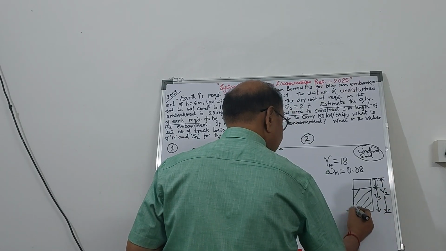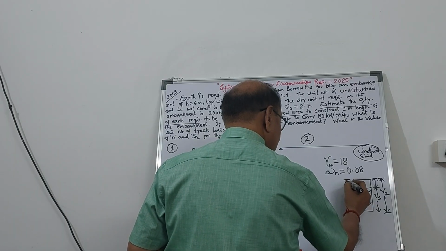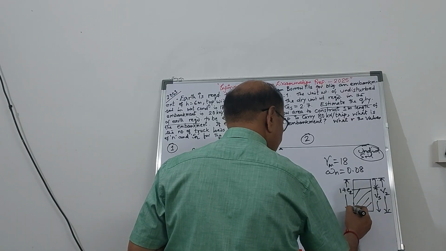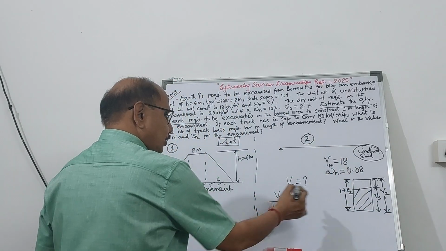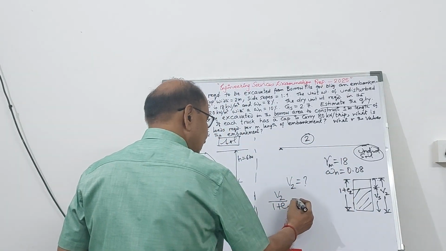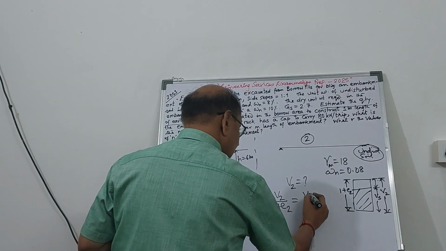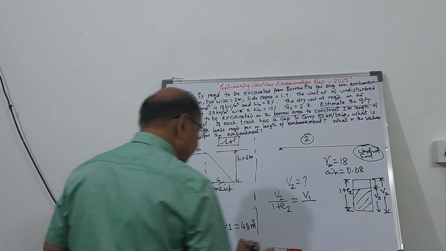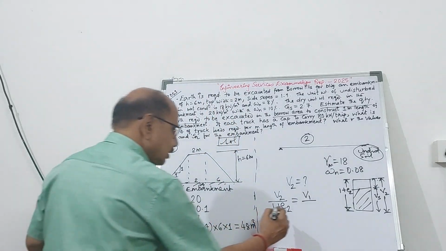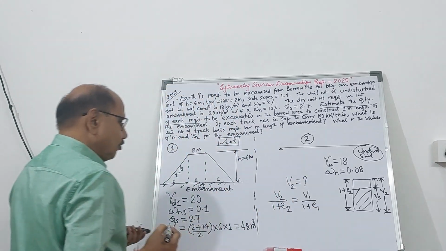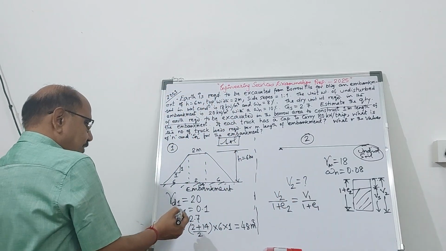This V2 can be written as 1 plus e2. So V2 divided by 1 plus e2 must be equal to the volume of the embankment, that is V1 divided by 1 plus e1. So what is the e1 here?